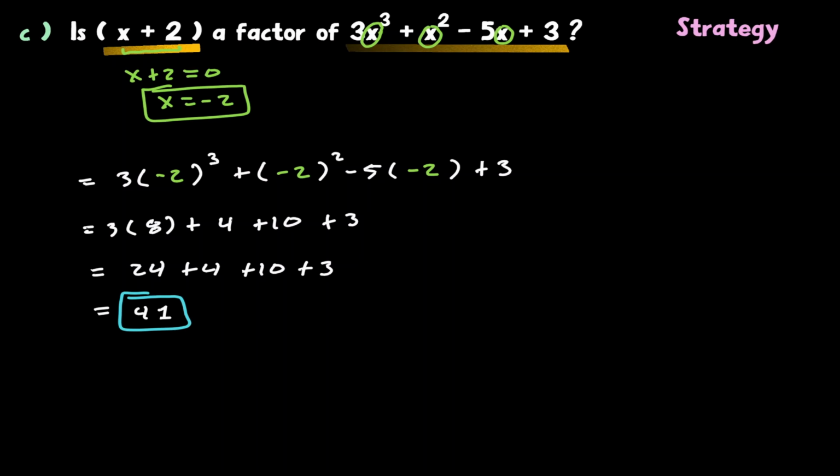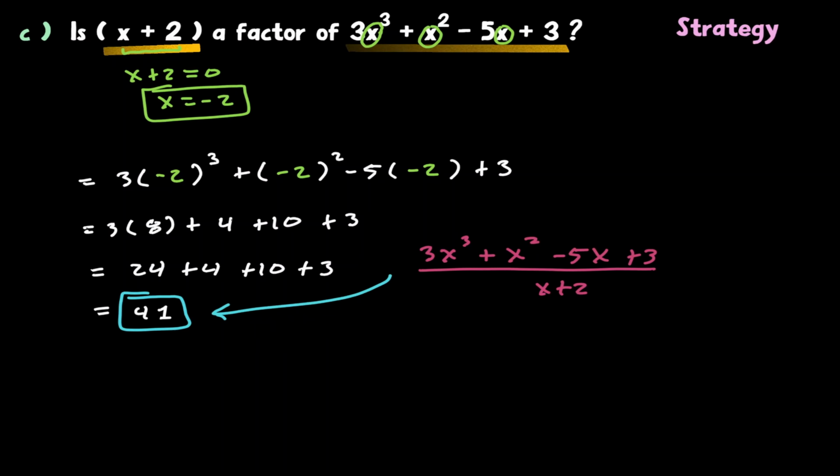So what we are saying is this. If we were to perform the division of 3x to the third plus x squared minus 5x plus 3 by x plus 2, we would obtain a remainder of 41.